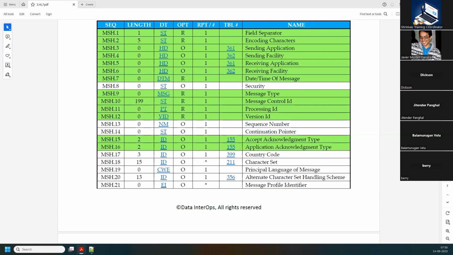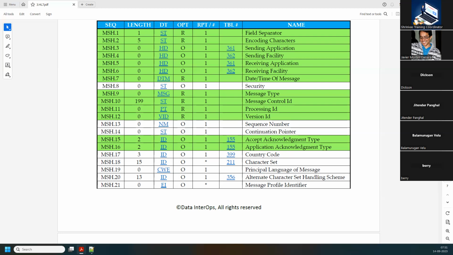Or if in MSH 15 I am saying send me an acknowledgement only if there is an error, then the sending system is telling the receiving system to send an acknowledgement only when the message errors out on your side. Which means for all the successful transactions, don't send me an acknowledgement. If a transaction fails on your side, send me an acknowledgement.